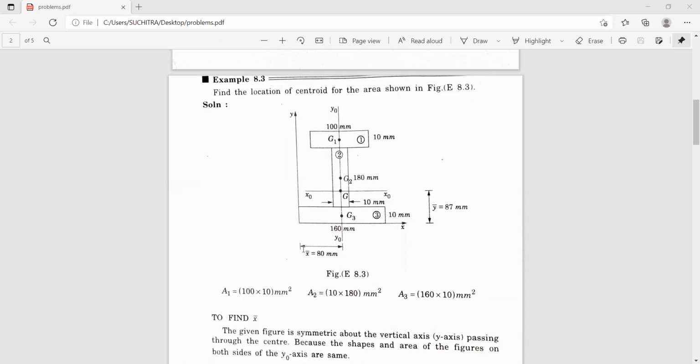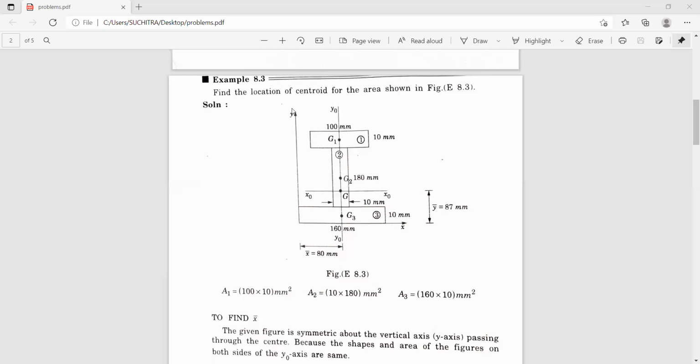Directly you can get the value of x bar, or else you have to find x1, x2, x3, then a1, a2, a3, then finally use that equation to find x bar. So the only thing is you have to look out for the axis of symmetry. This given figure is symmetrical about y-axis, hence directly x bar will be equal to 80 millimeters.